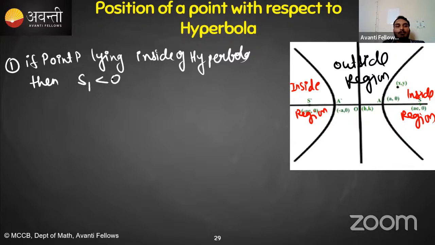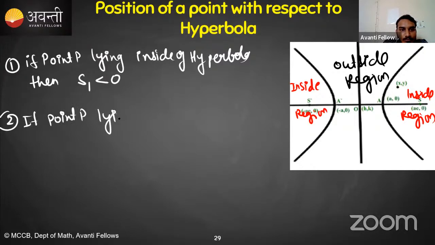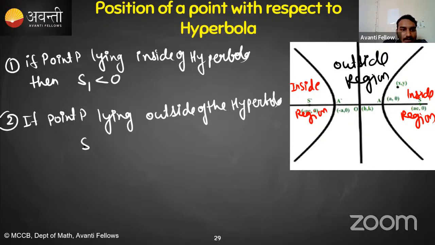S1 means put the point in the hyperbola; it should be less than 0. Similarly, if point P is lying outside of the hyperbola, then S1 is greater than 0.